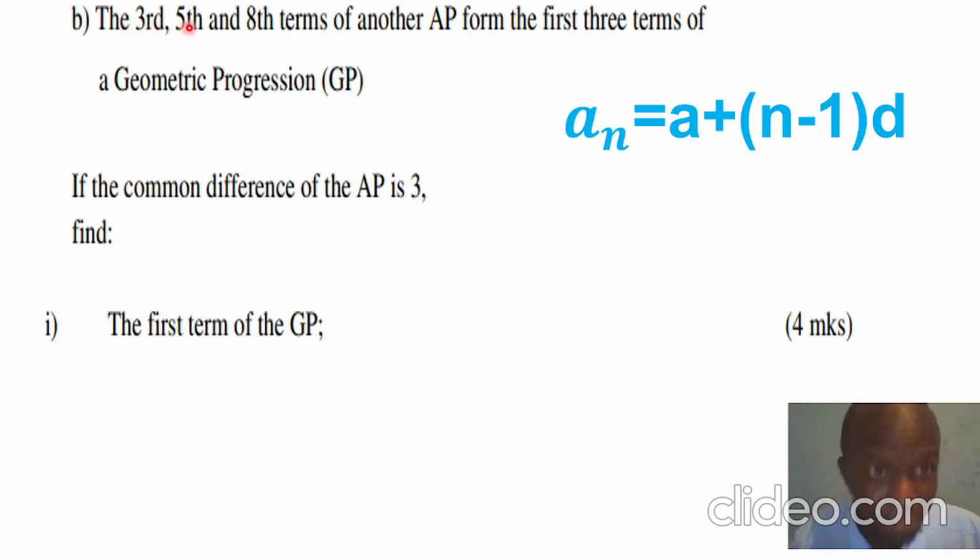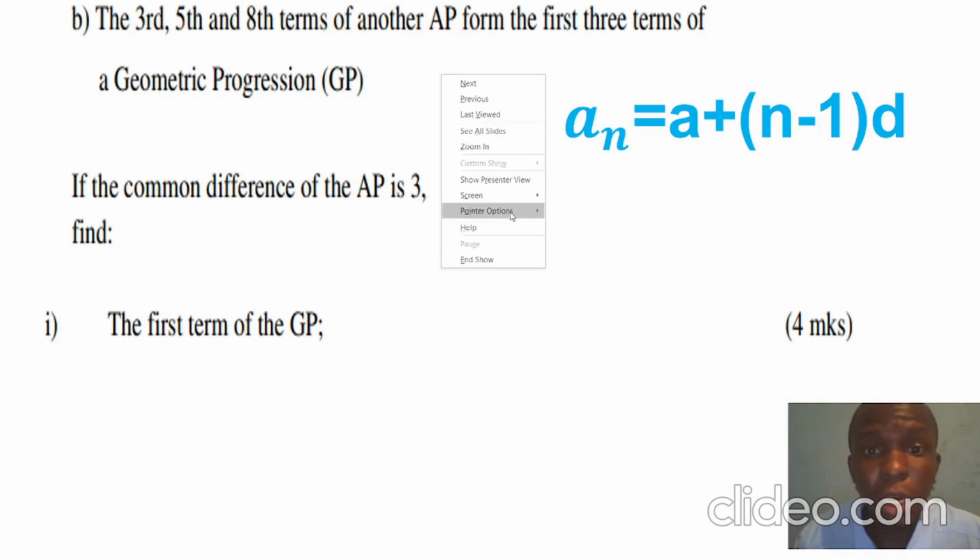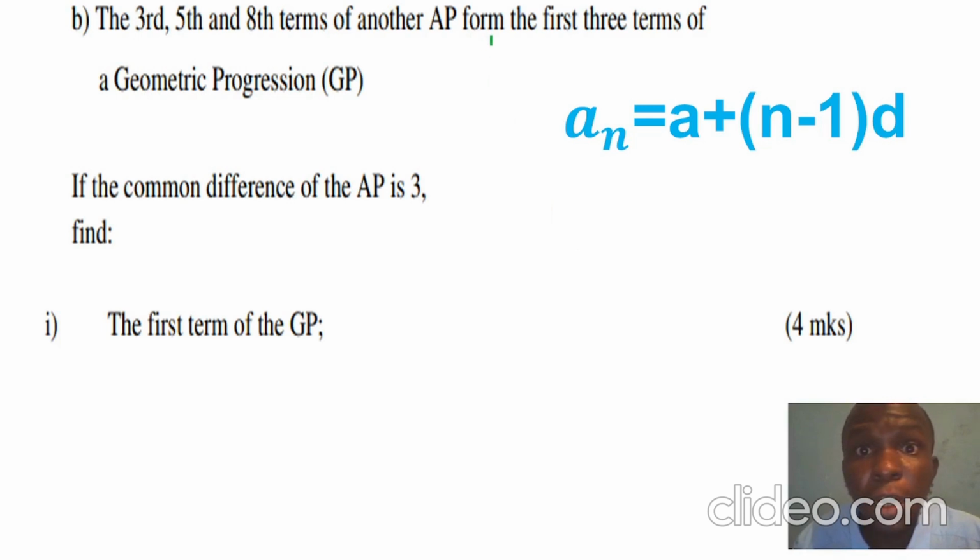The third, fifth, and eighth terms of another arithmetic progression form the first 3 terms of a geometric progression.